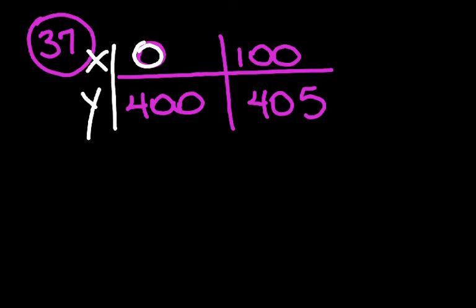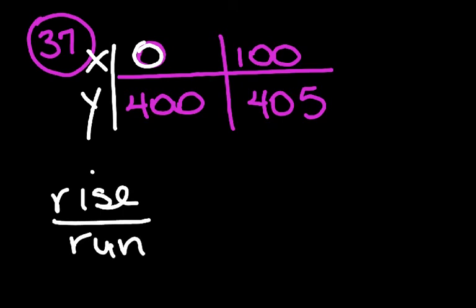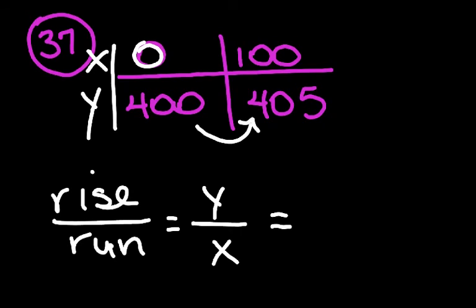To find the slope, you want to find the rate of change from x to y. Remember, it's rise over run, which is the same thing as the rate of change of the y and the x. Okay, so let's look at the y first. From 400 to 405, that gives you plus 5.